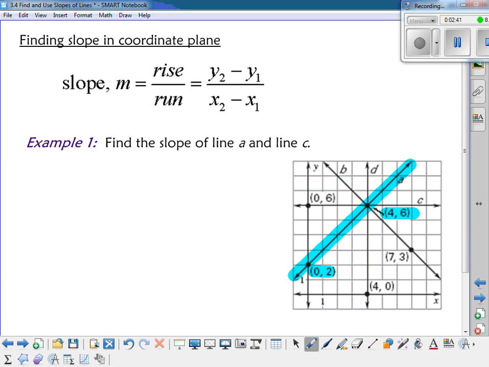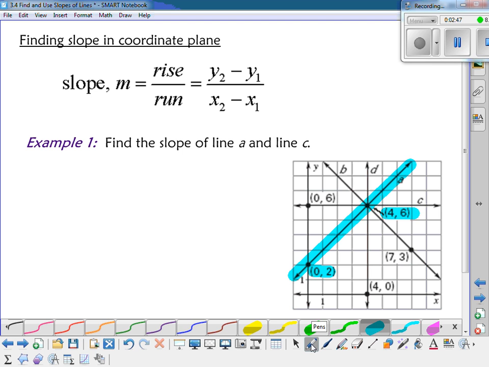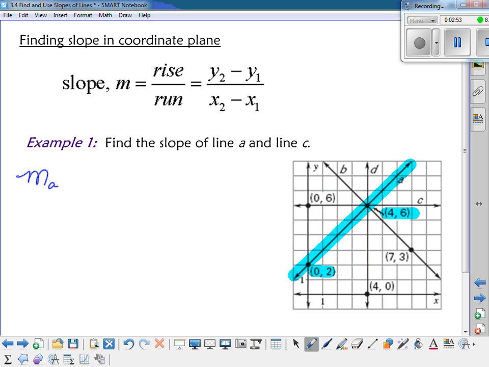Now when you have a graph, you can just count the rise over the run, but I want to make sure you also know how to do this numerically, so we're going to pretend like we don't have a picture. So I'm going to find the slope of line A. It's going through (4, 6) and (0, 2).